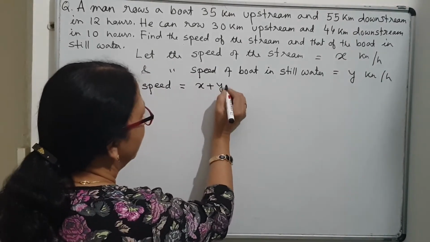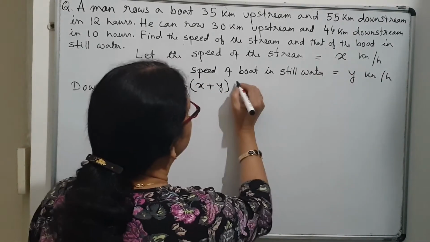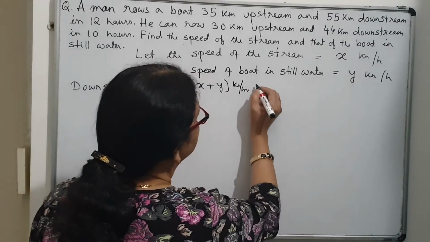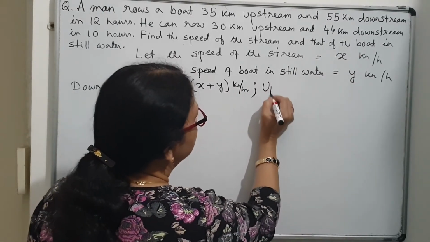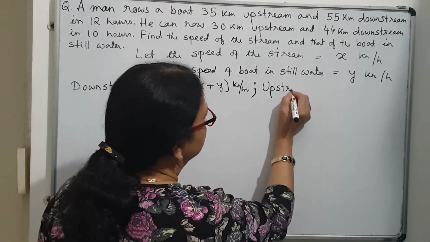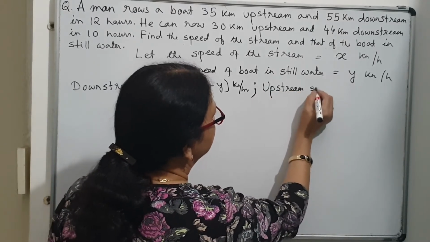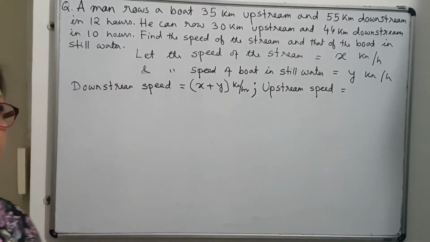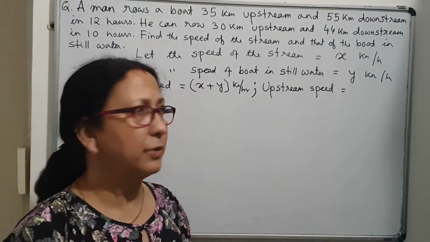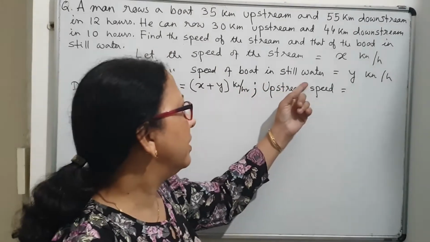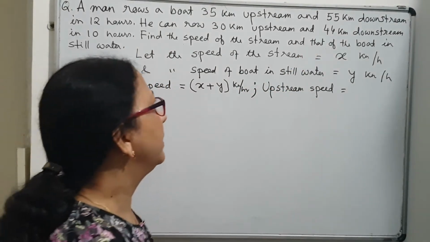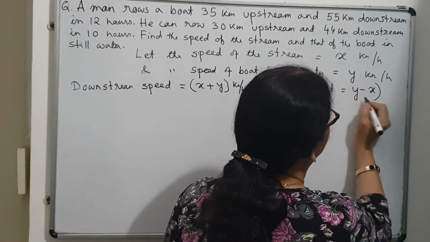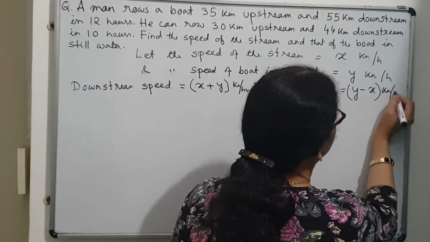Downstream speed is always the addition of the two speeds, km/h. And upstream speed will be the speed of the boat in still water minus the speed of the stream. So it will be y minus x km/h.